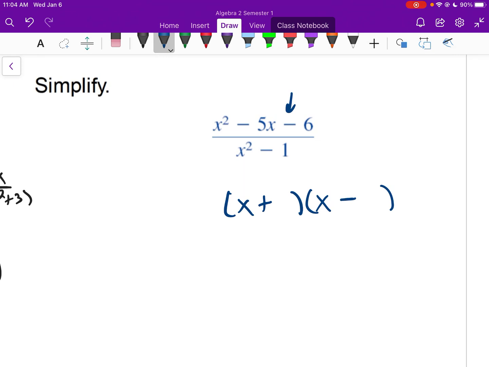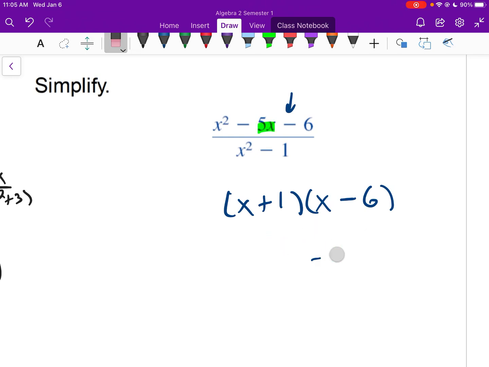And then we've got to multiply and get 6. So 1 times 6, 2 times 3. The one that will work is minus 6 plus 1. And in order to check, outside, inside, because I know I'm going to get the x squared, I know I'm going to get the negative 6x and positive x, that will combine to get the negative 5x.